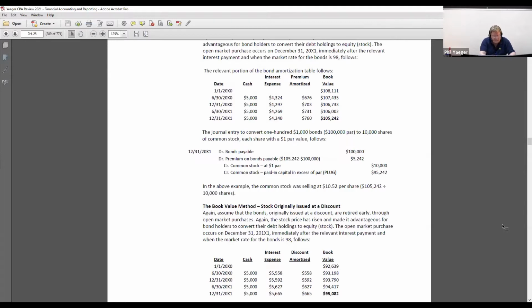Do you see that? Yes. So what are we doing? We're retiring the bonds at their carrying value. To retire a bond, you debit bonds payable. Premium has a normal balance of debit or credit? Credit. So to get rid of it, you debit the premium.